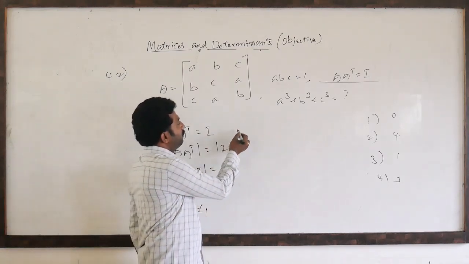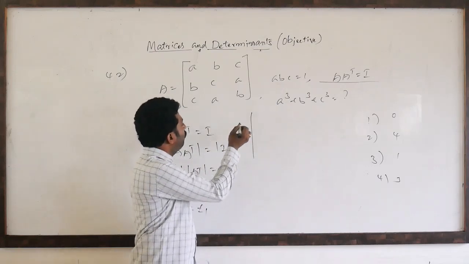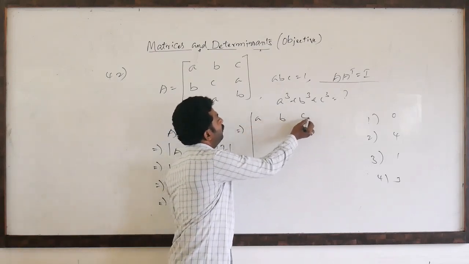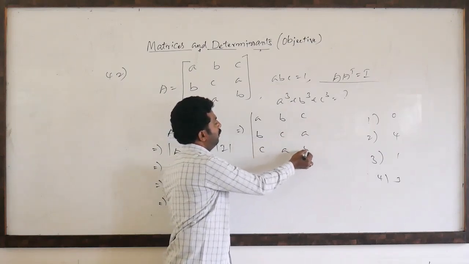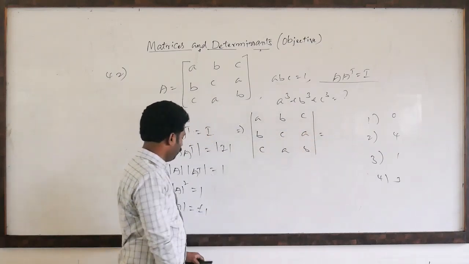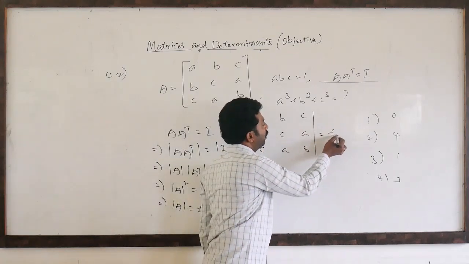So the determinant of the circulant matrix with rows a, b, c, c, a, b, b, c, a equals plus or minus 1.